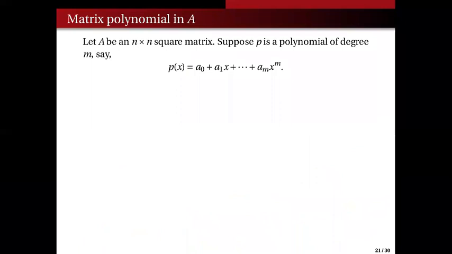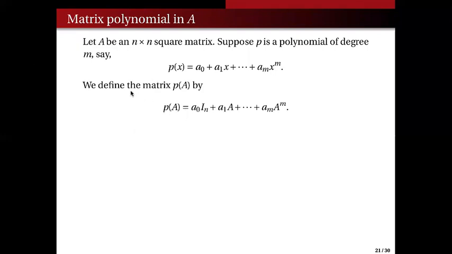Suppose we have an n by n matrix A, and suppose P is a polynomial of degree m. Say your P of x can be written as a sub 0 plus a sub 1 x plus, until a sub m x raised to m. Then we can also evaluate this polynomial at a given matrix.